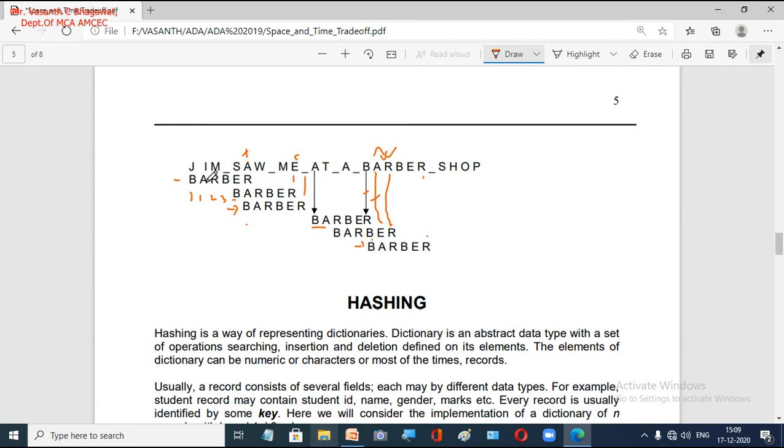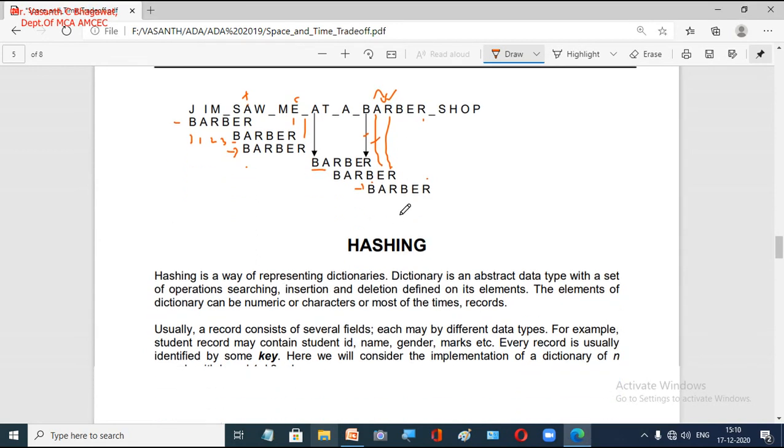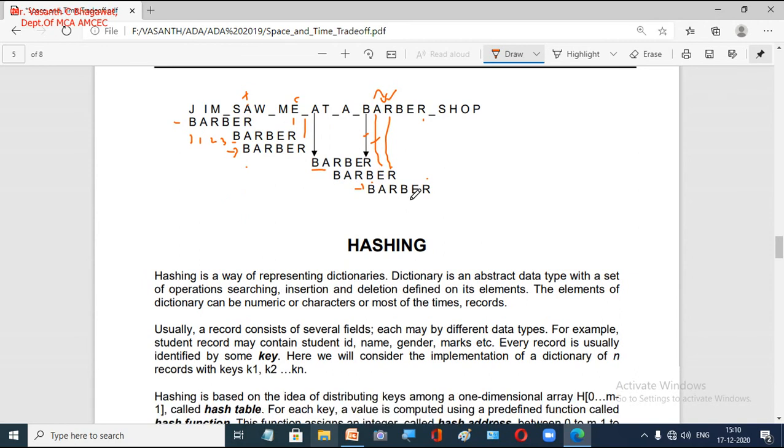Now you see here, from this step to this step, you have moved your pattern 4 positions directly. Correct? And from this step to this step, you have moved it 6 positions. Since you are moving it much faster, obviously this algorithm is more efficient than our previous algorithm. Clear? So this is what our Horspool's algorithm is.